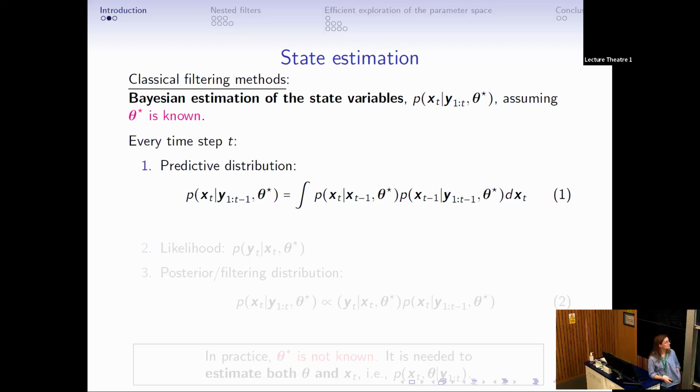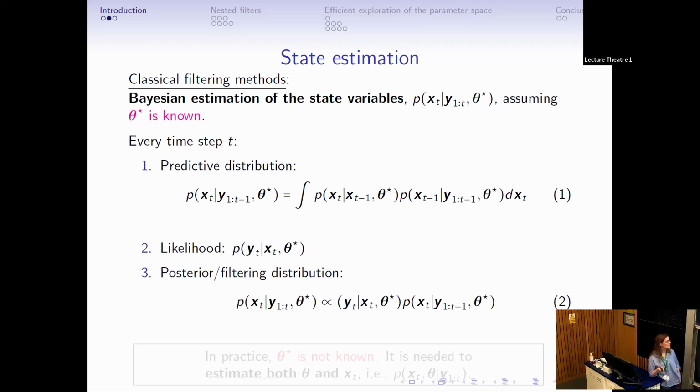At every time step we assume we have available the previous posterior PDF of the state conditional on the previous observations and the parameters, and we can compute the predictive distribution by using the transition. Once we collect a new observation, we can update this distribution. We obtain the posterior, given the whole set of observations.